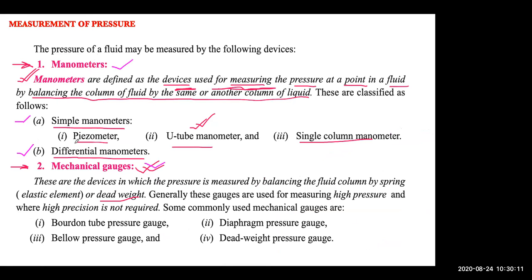In simple manometer we have started with piezometer, then we will see U-tube manometer, single column manometer, and then differential manometer. Write down the definition of manometer and mechanical gauges. Here we have four types of mechanical gauges: Bourdon tube pressure gauge, diaphragm pressure gauge, bellow pressure gauge, deadweight pressure gauge. You can remember the names. These are not in our syllabus. We have to only focus on manometer.